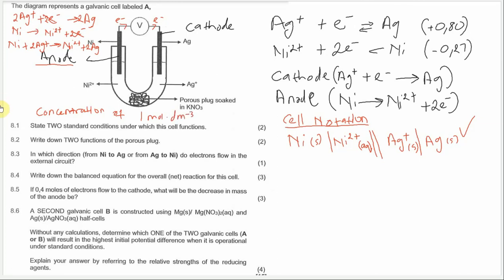So we know that our cell can function well when the concentration of this electrolyte is 1 mole per cubic decimeter. It said 2 standard conditions, so we need another one.